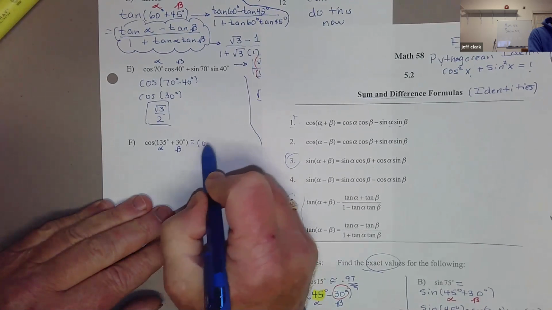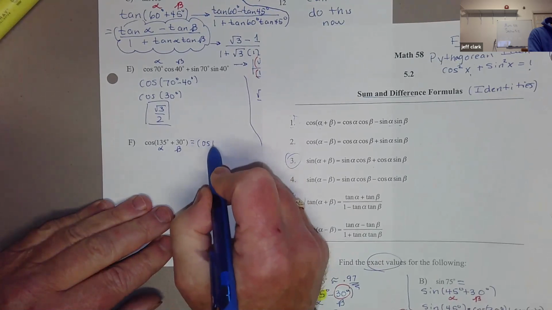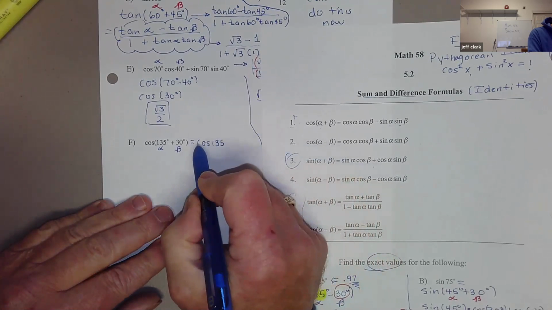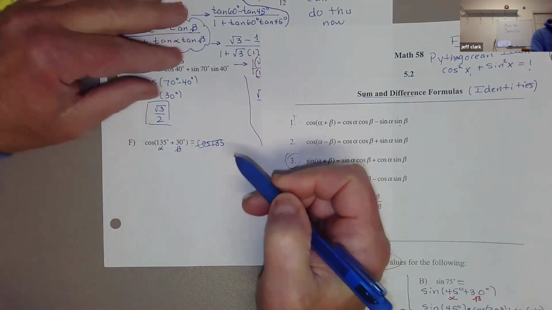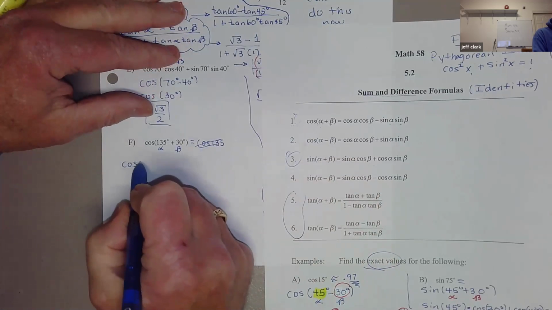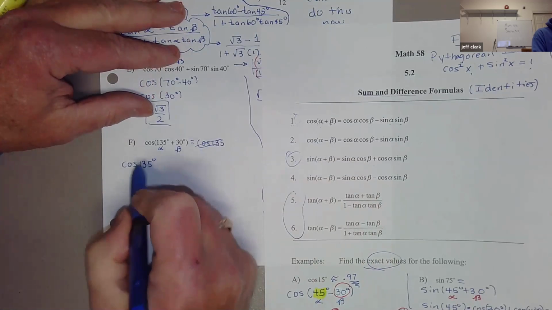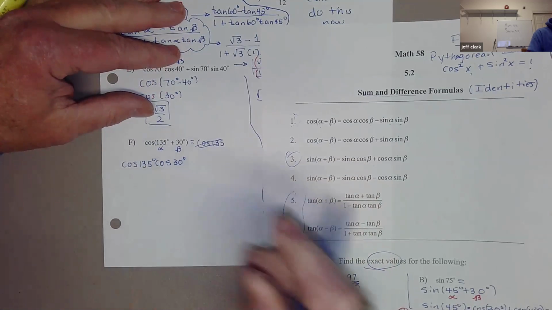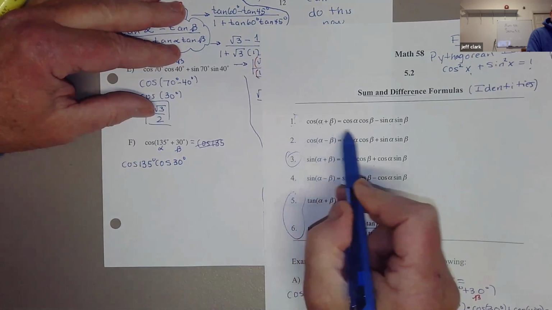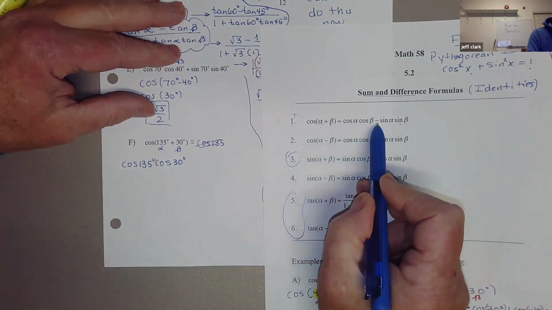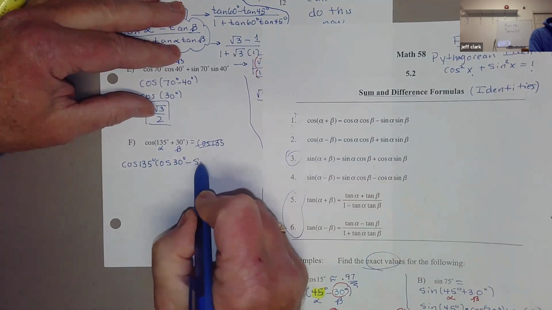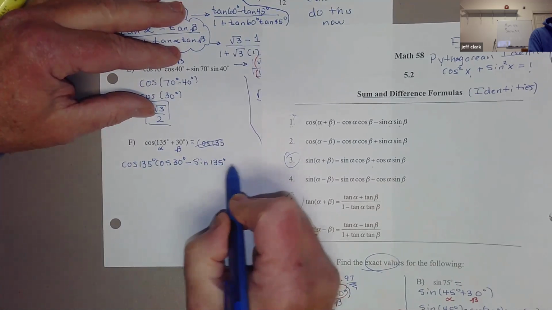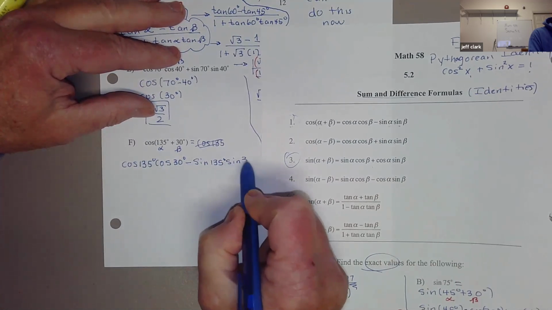So cosine of 135 degrees times cosine of 30 degrees. And for number 1 right here, I have to do, let's say, subtracting. And then sine of alpha, which is 135 again, and sine of 30 degrees.